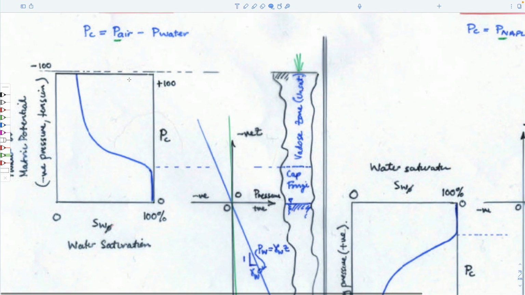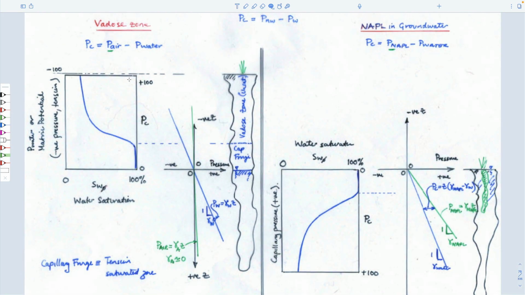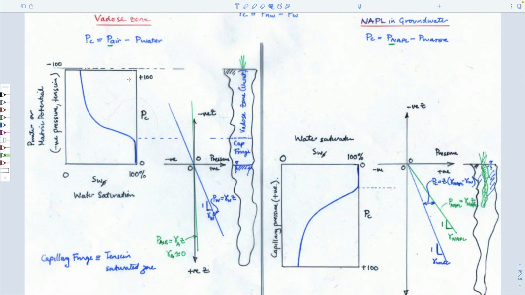So this also epitomizes what we're doing in terms of the role of these capillary pressure versus saturation curves in defining behavior. We only talk about it in terms of wetting and non-wetting fluids. It could be that the wetting fluid is water and the non-wetting air, or it could be that the wetting is water and the non-wetting is a solvent.